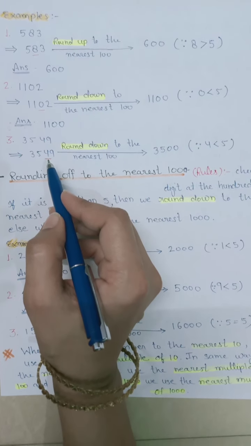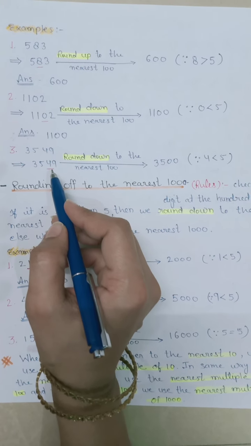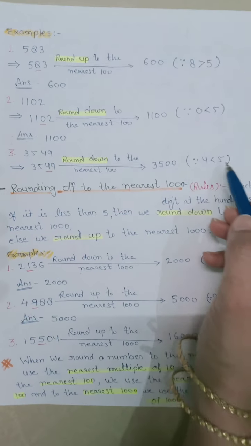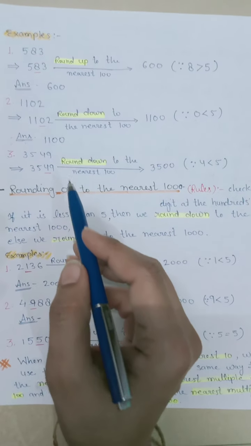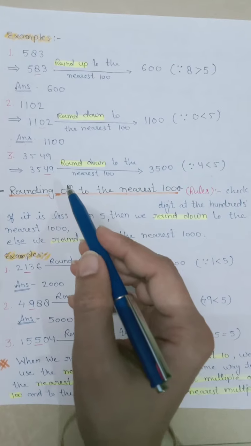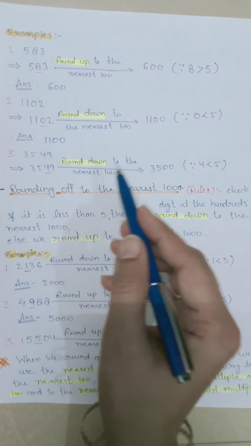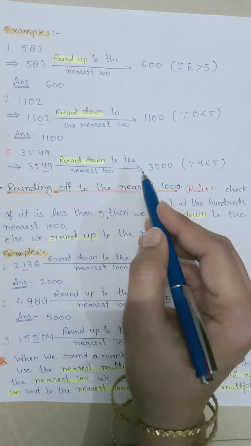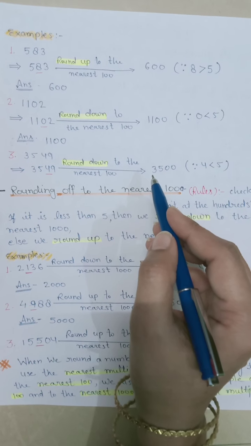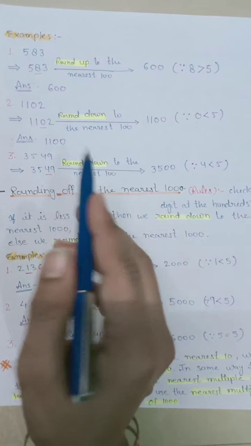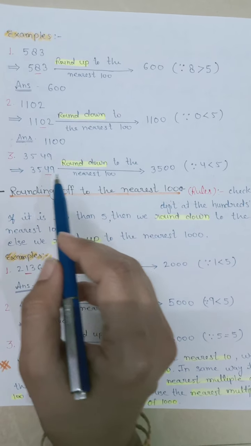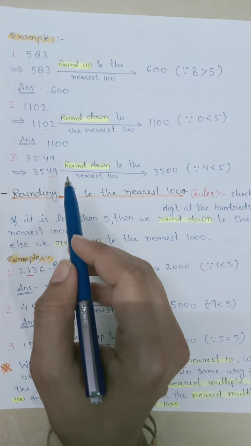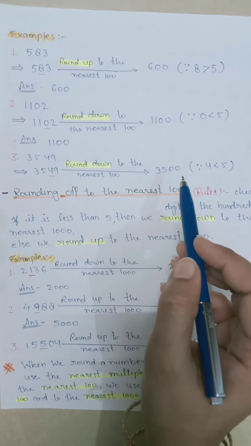The tens place number is 4. And all of us know that 4 is less than 5. So what do we have to do? Round up or round down? Yes, we have to round down to the nearest 100. So the answer will be 3500. Rounding off 3549 to the nearest 100 gives 3500.